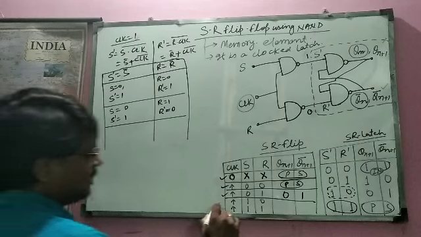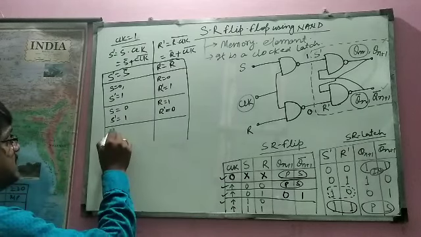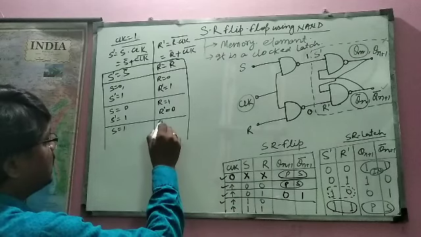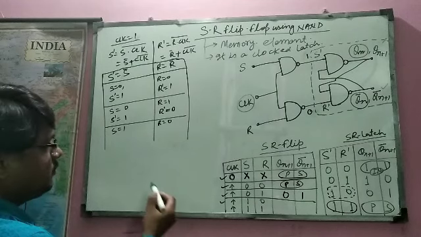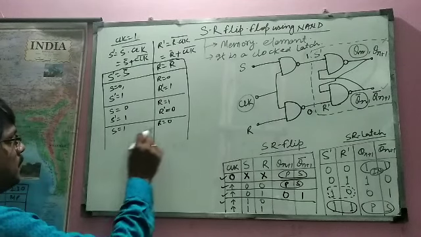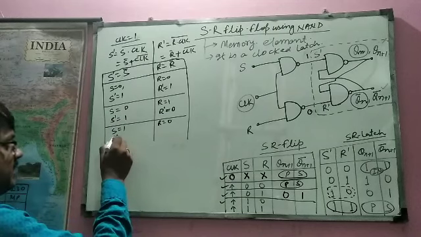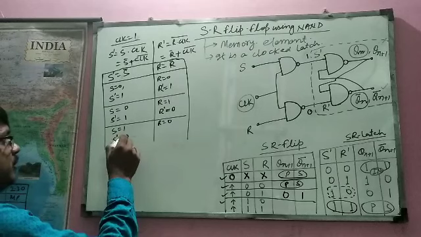So let us see the third condition, 1 0. S is 1 and R is 0. So what will be the value? S dash is S bar. S is 1, so S dash is 0.